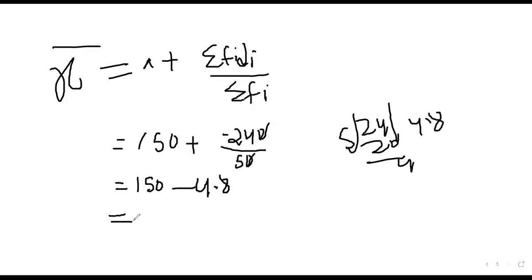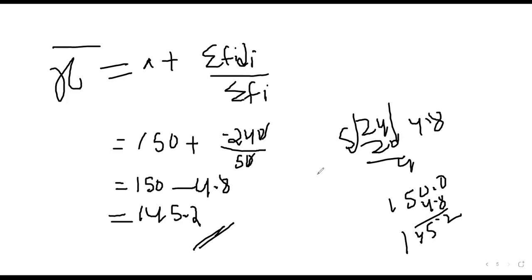After subtracting, 150 minus 4.8 gives 145.2. This is the mean of the given data.